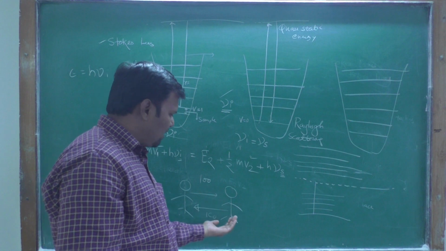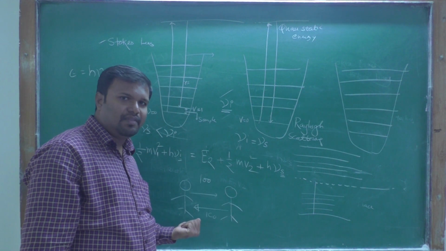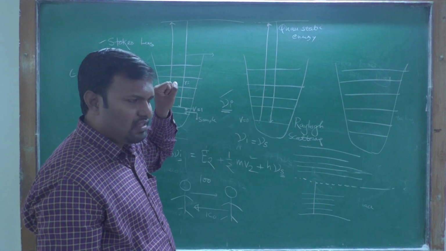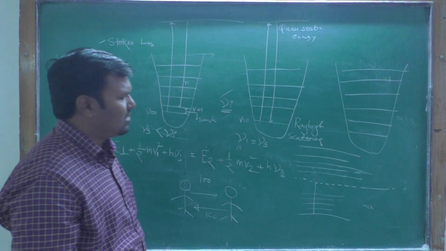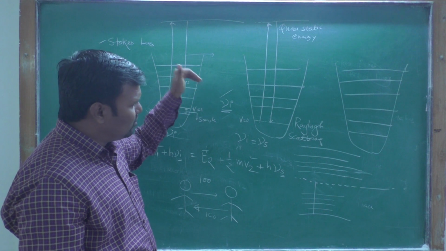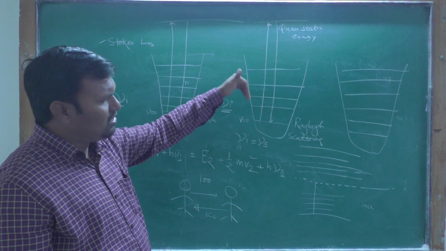Same given and same expected, as in Rayleigh scattering. The same energy is emitted by the sample: the incident light falls on the sample, excites it, and then the sample re-emits the same energy.